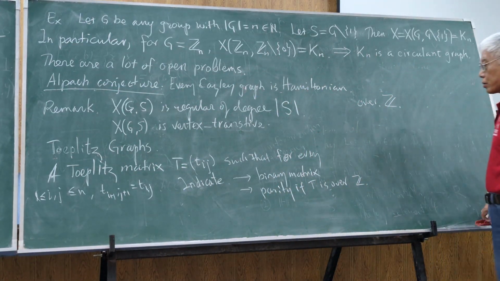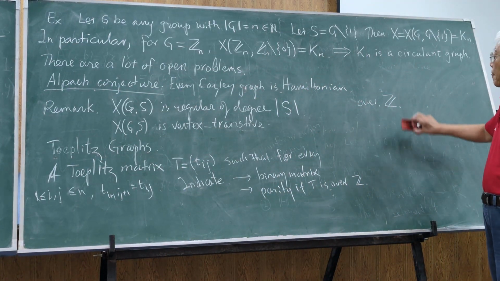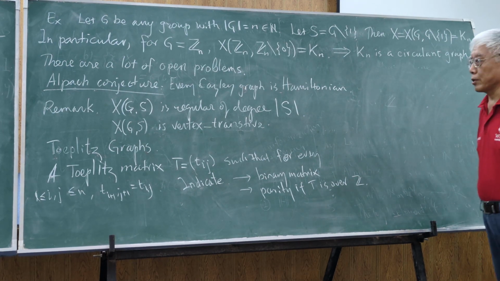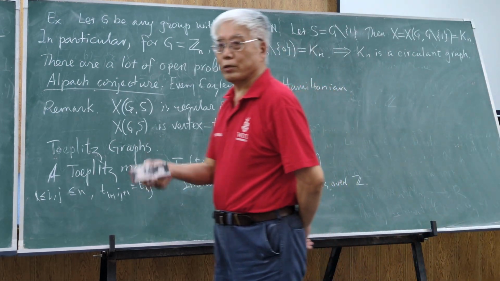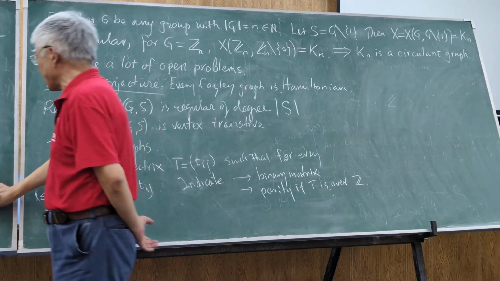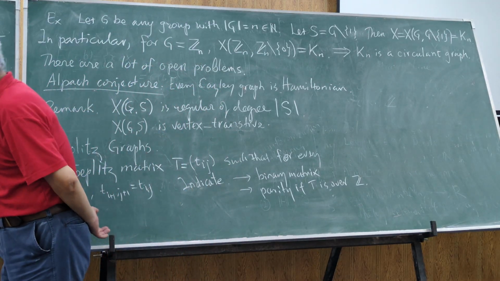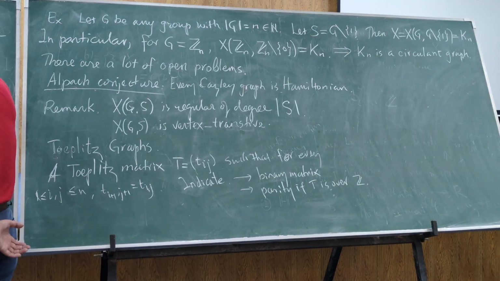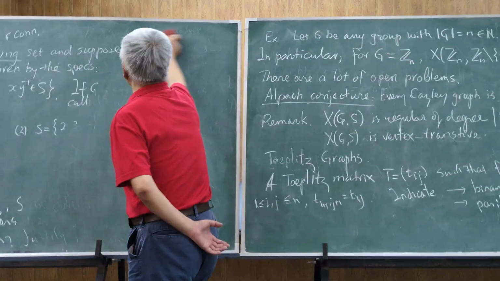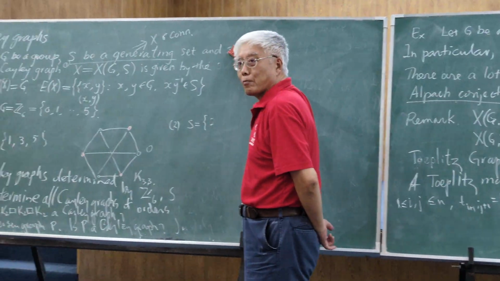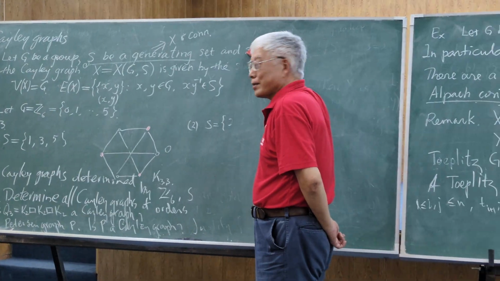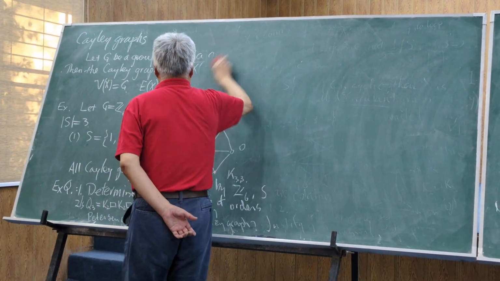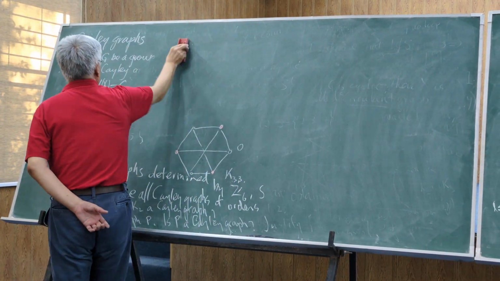Now, give me a symmetric binary matrix. I wanted to invite one of you to come and write it on the board so that I can work out this graph, the Toeplitz graph. But anyone can volunteer to give me, say, a 10 by 10 binary symmetric matrix with main diagonal all 0. You can read it out loud for me if you want.